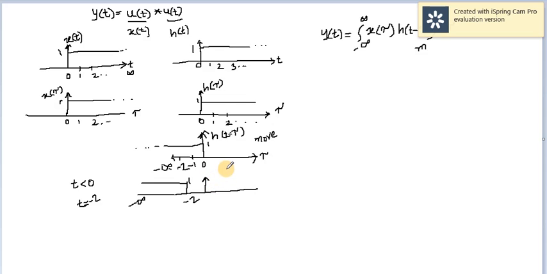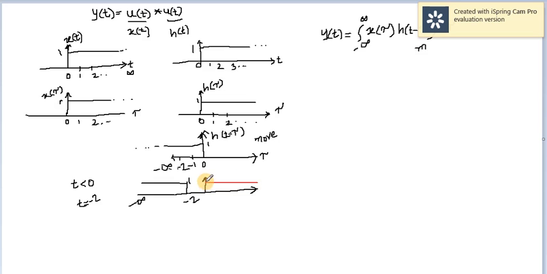Now let's see this scenario. Now t is minus 2, and let's superimpose x of tau here, with the other color. Let's superimpose our x of tau signal, this signal.